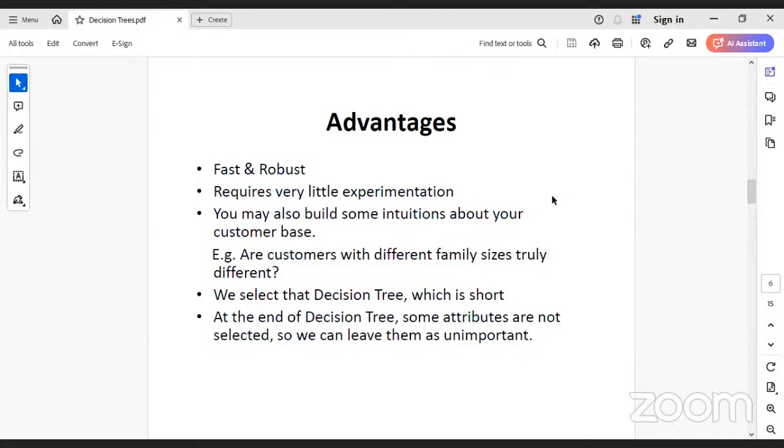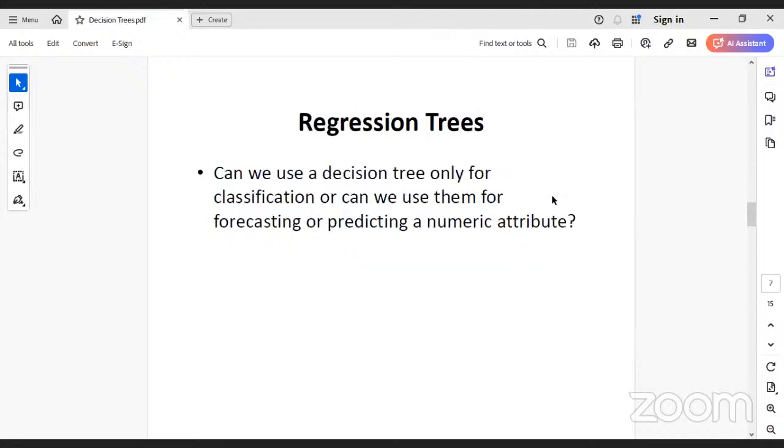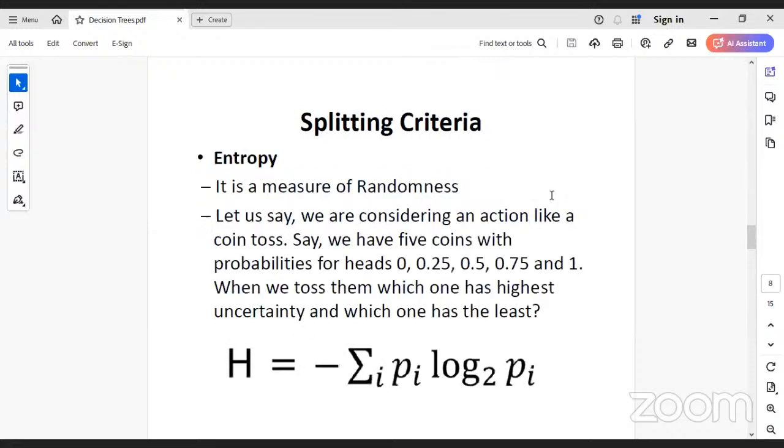Predominantly it works with classification, beautifully. With a minor change, it can also be used for regression type of problems. That is what I am saying. So regression trees are those trees where we can modify the existing decision tree and use it for predicting a numeric attribute. That is a regression problem.